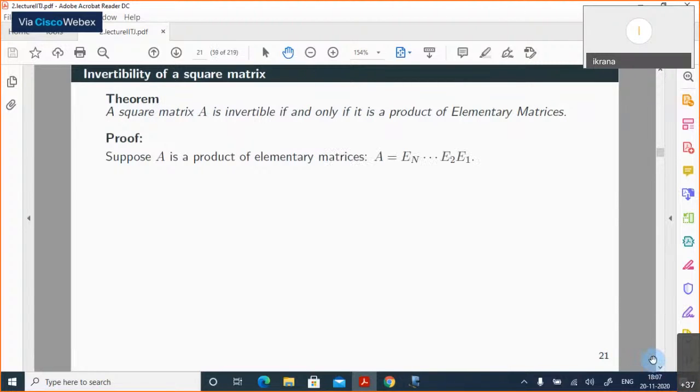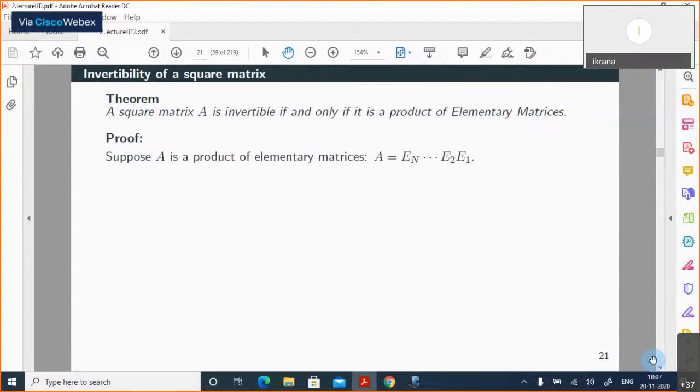So here is the important result from our point of view. A matrix A is invertible if and only if it is a product of elementary matrices. We want to prove this in two ways.